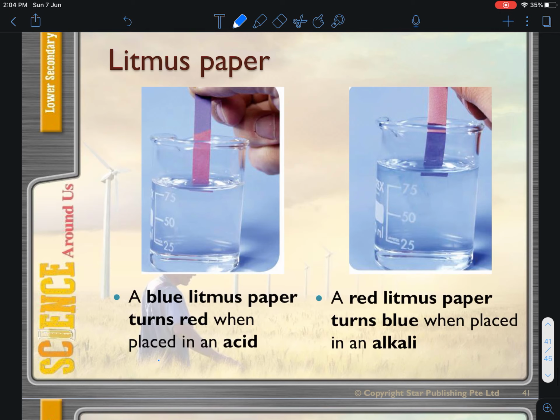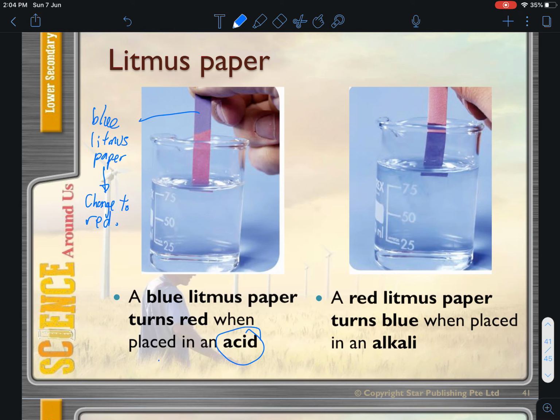In this case, let's look at the litmus paper. This is an example of a blue litmus paper, and you can see it changes to red. Why does it turn red? It is because you placed it in an acid.